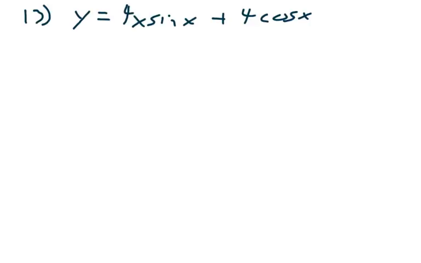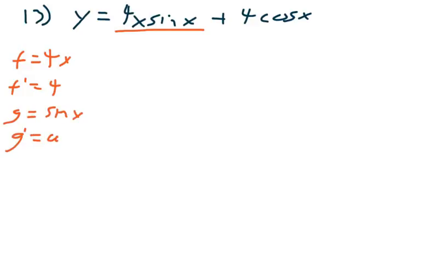Alright, for this one, we have to do the product rule. The derivative of 4x is 4, and the derivative of sine x is cosine x.